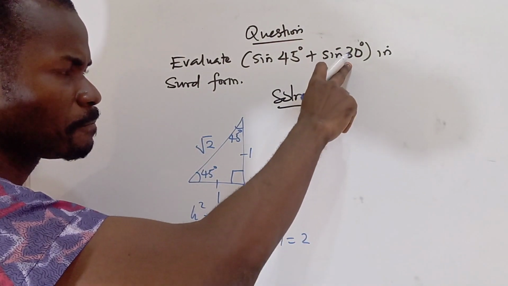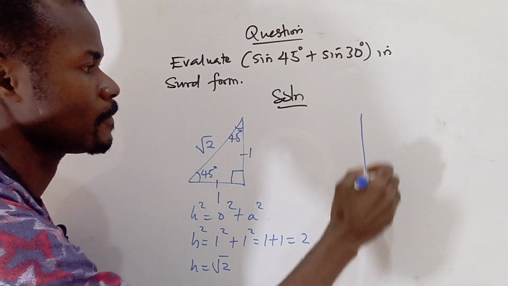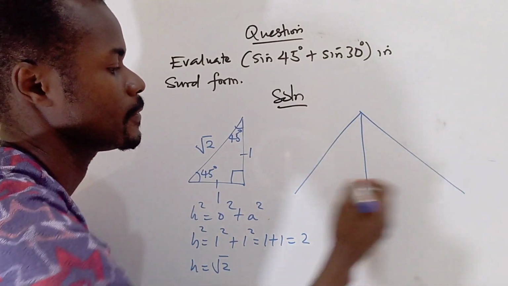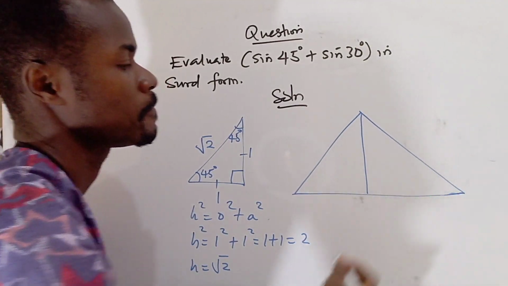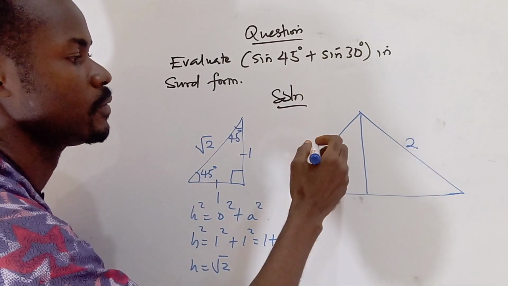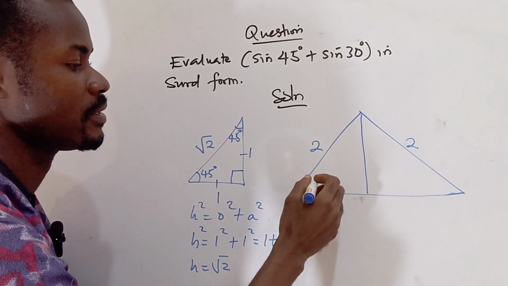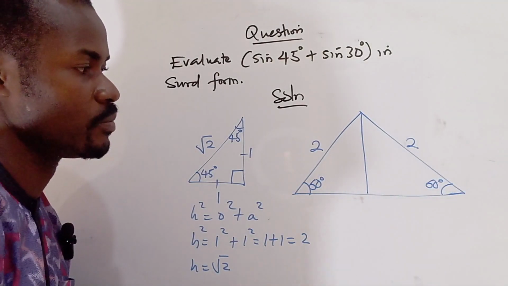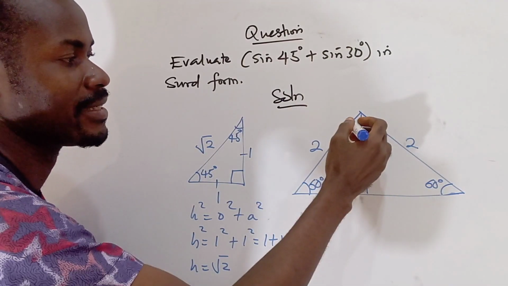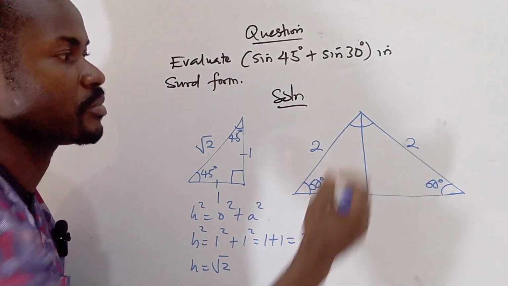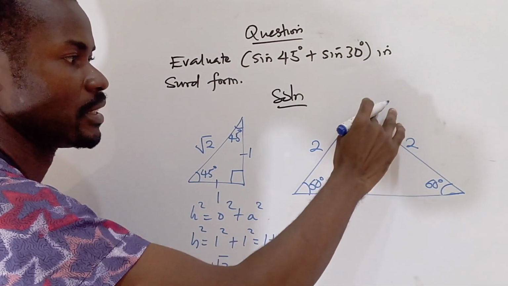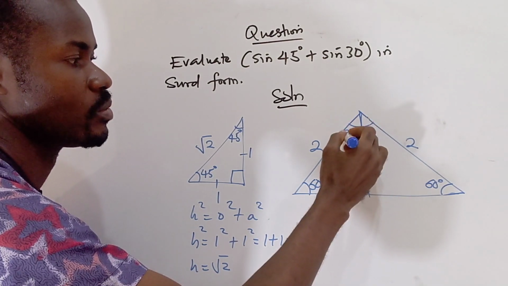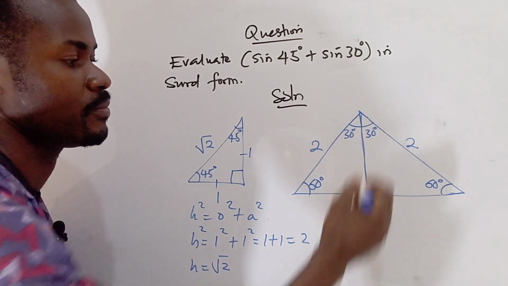Now for sine 30, you also draw another triangle, but this time you can draw it like this. So that if this is 2, this is 2, here is 60 degrees, here is 60 degrees. Now, this line bisects this 60 degrees. It is a total of 60, but since it bisects it, here is going to be 30 and here is going to be 30.